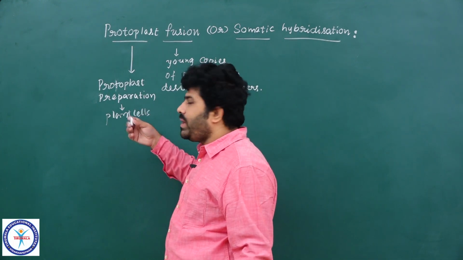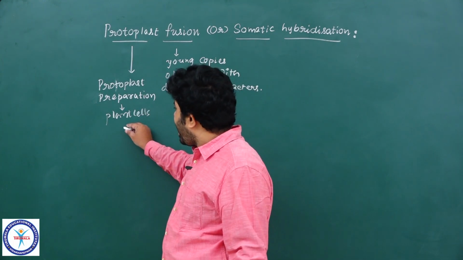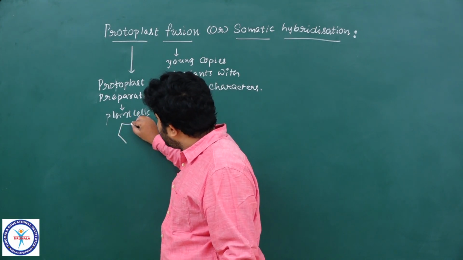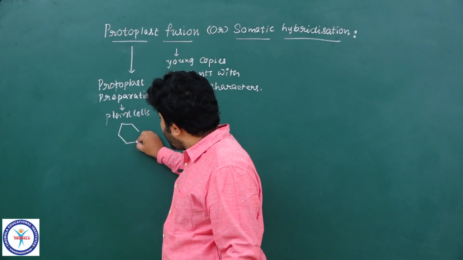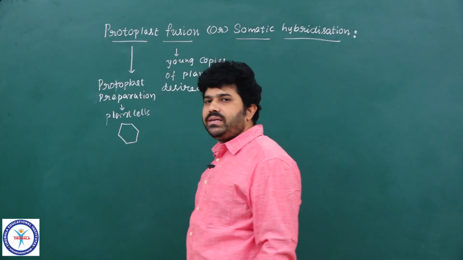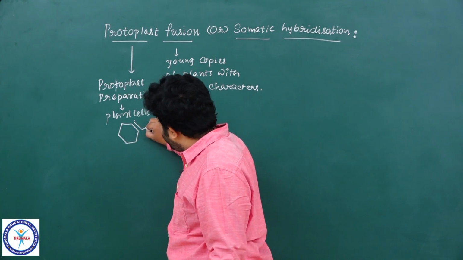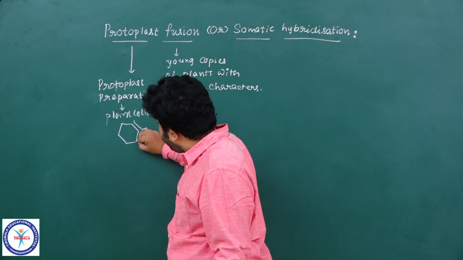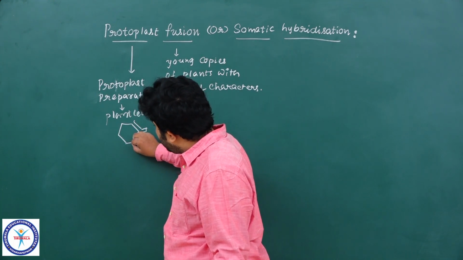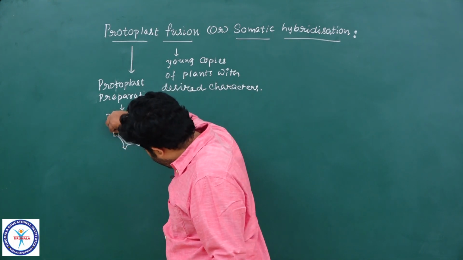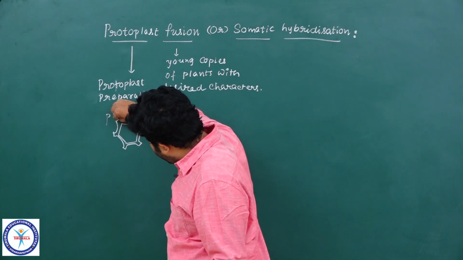Whatever plant cell you have taken, the plant cell has an outer wall or outer layer, which we call the cell wall. What is the outermost layer of the plant cells? I think in your early classes you have learnt very well about plant cells.